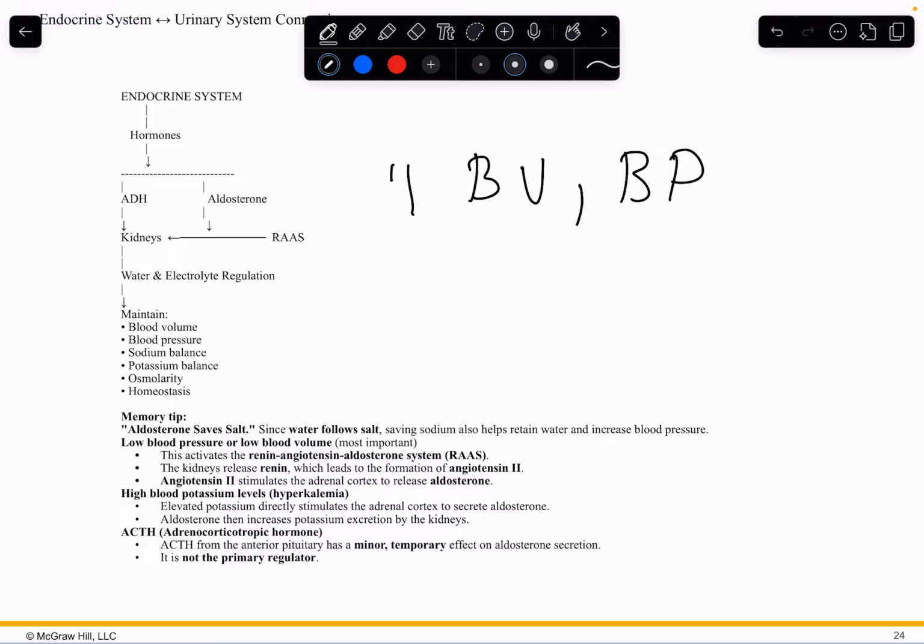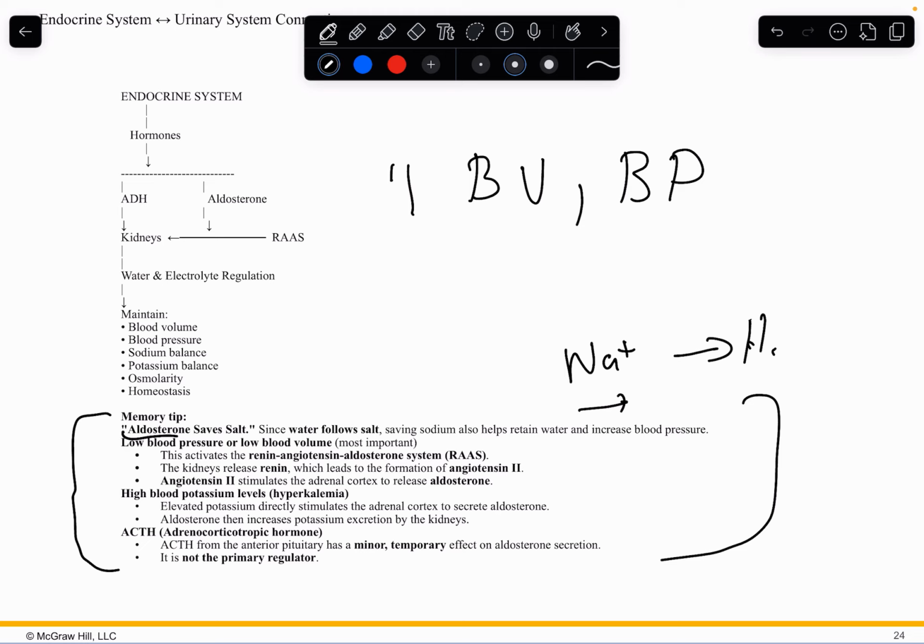These things are all very important. Like we said, different hormones help with that. Make sure you remember those memory tips and look at those things. Wherever salt goes, water goes with it. If we can pull the sodium, water will come along with it.